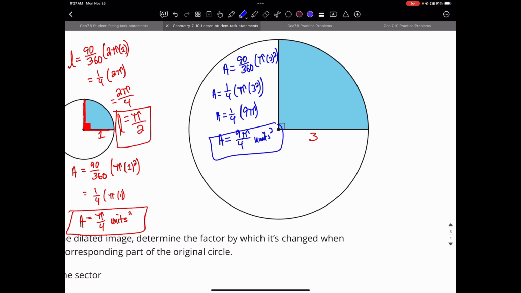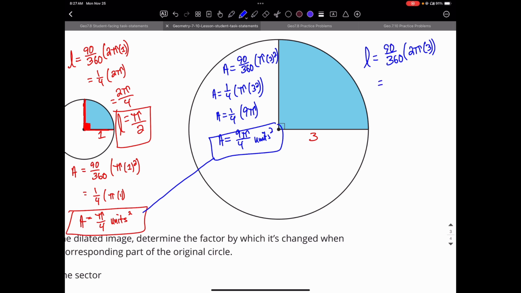So that's the area. So look at the comparison here. Now, the length of the arc is going to be 90 over 360 again, times 2 pi times 3, right? Because our radius is 3.